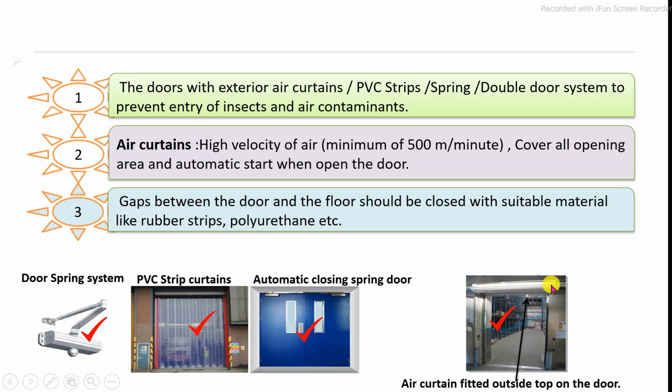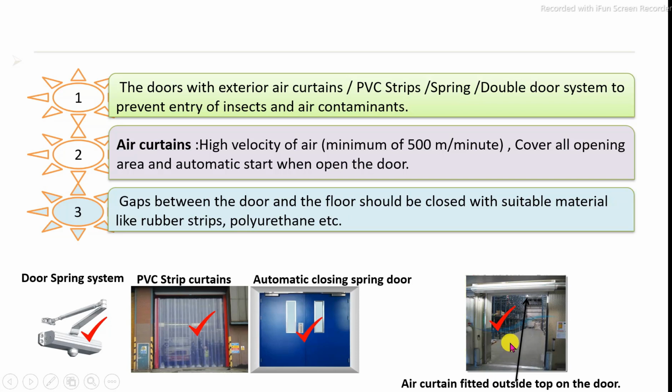The air curtains blow air from the top to the bottom and then outside. The area should be properly covered at the entry system. The air curtain is operated automatically; when the door is opened, the air curtain system starts automatically.